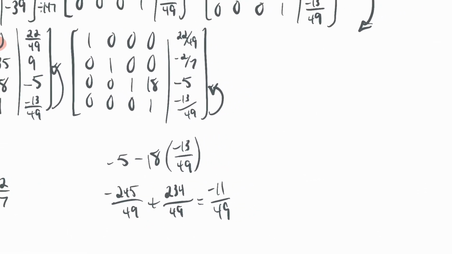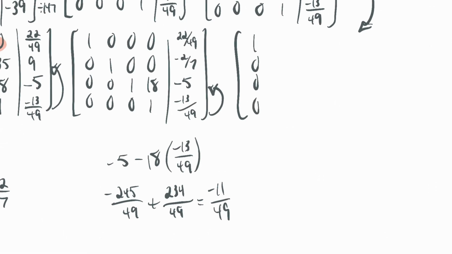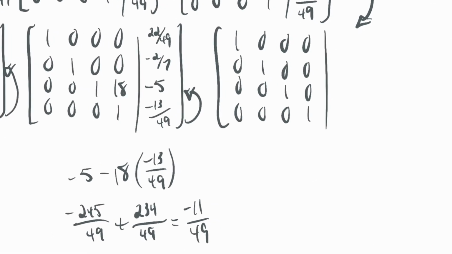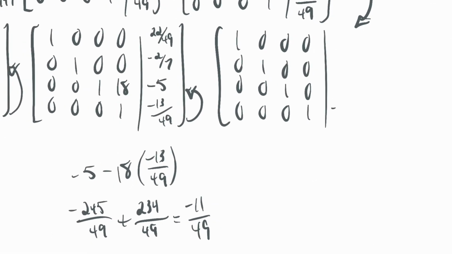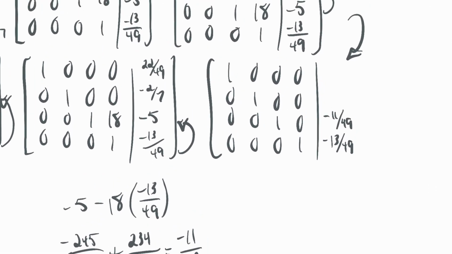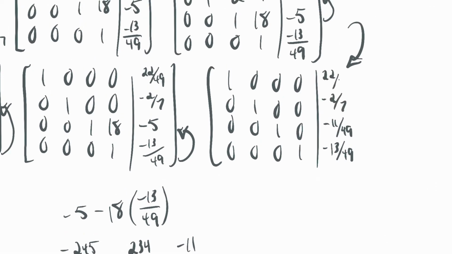Okay, so the final complete matrix will be negative 13 over 49 at the bottom, negative 11 over 49 for the third row, negative 2 over 7 for the second row, and then 22 over 49 for the top row.